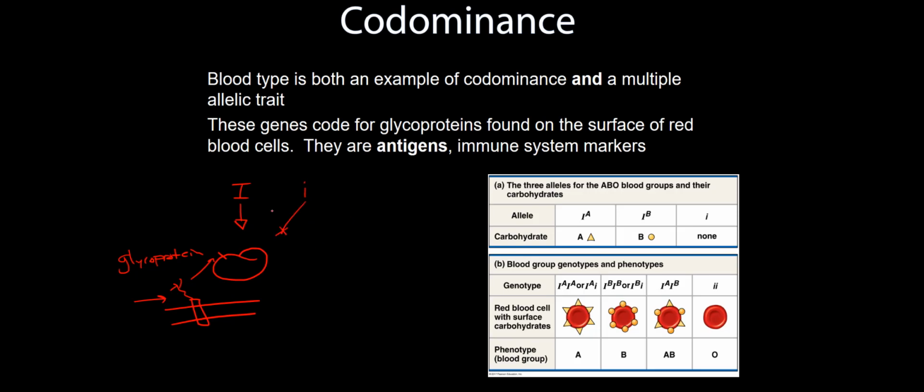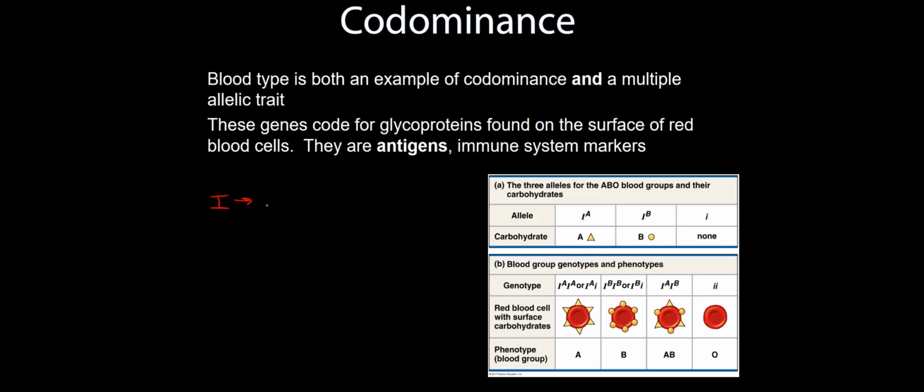So now you can imagine you get one allele from each parent, so you can inherit a capital I or a lowercase i. Now here's the key. The capital I allele can either express the A protein or it can express a B protein. So there's two separate alleles here. You either have the A type or you have the B type, or you have both, or you have the broken one.